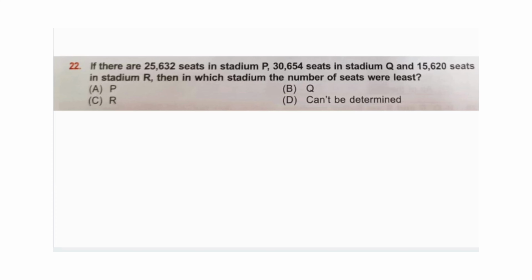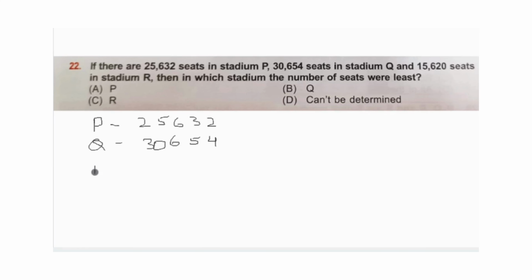To determine this, let's give a name to each of the stadiums that has seats. Let's start with P, which is our first stadium. It has 25,632 seats. Then let's write Q, our second stadium, which has 30,654 seats.